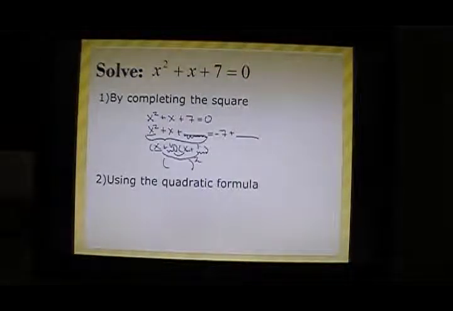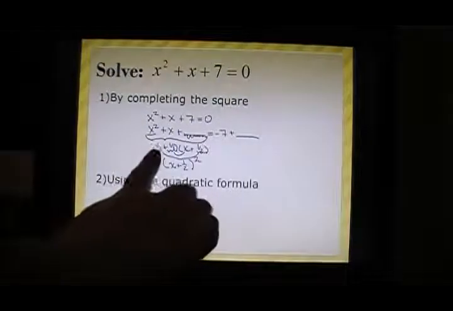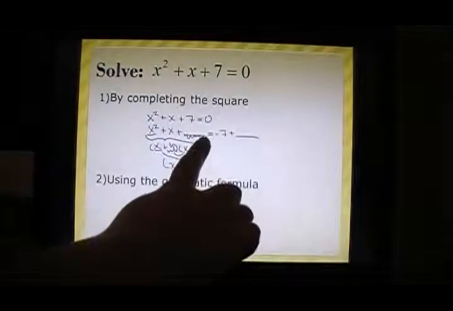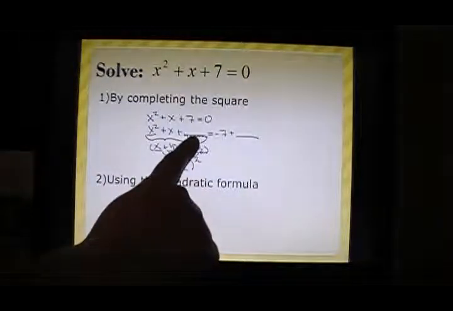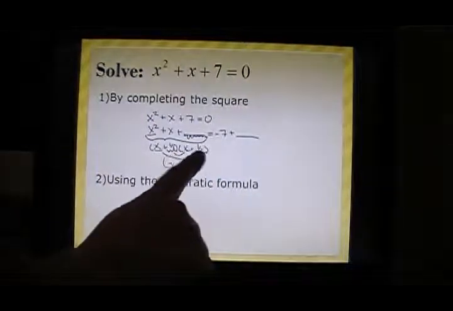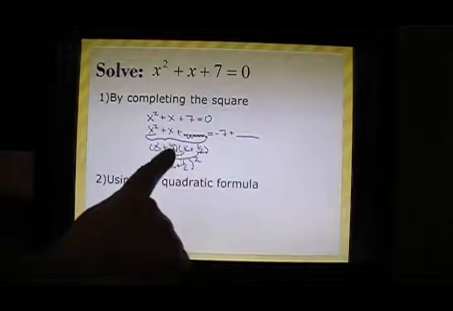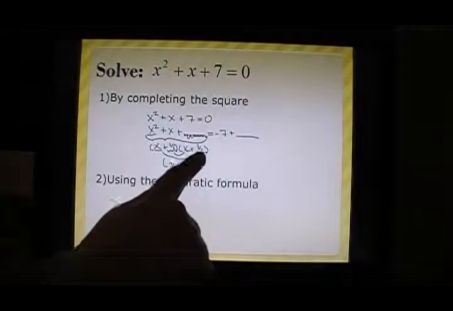So I'm going to put plus 1/2, and I can then write that as x plus 1/2 quantity squared. So this is the factorization of this. Therefore, the number that completes the square is the product of these two. 1/2 times 1/2 is 1/4.